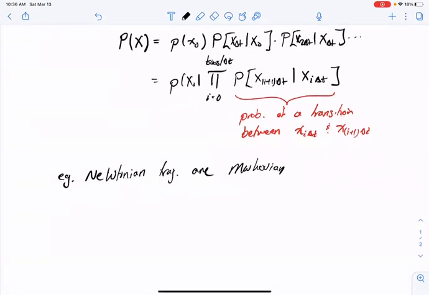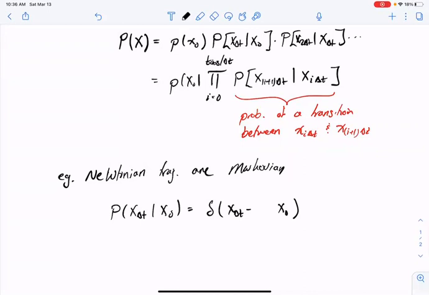I could write down the probability of a transition between x of 0 and x of delta t for a Newtonian trajectory. Newtonian trajectories are deterministic. They don't have any random noise associated with them. So that transition is either 1 if I would deterministically go between x of 0 and x of delta t.